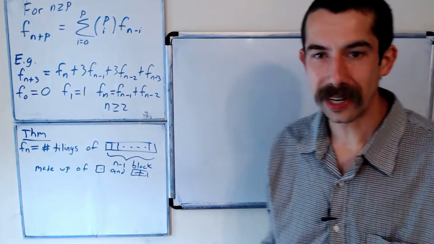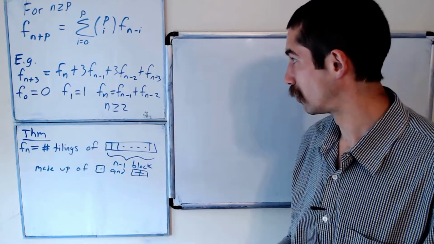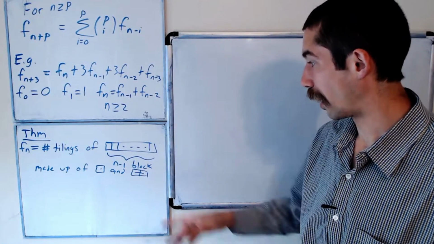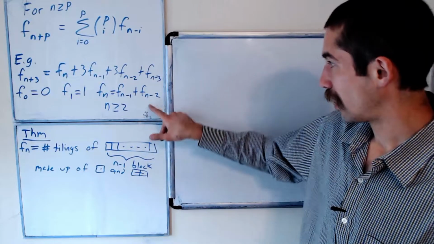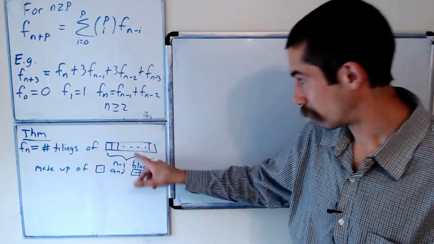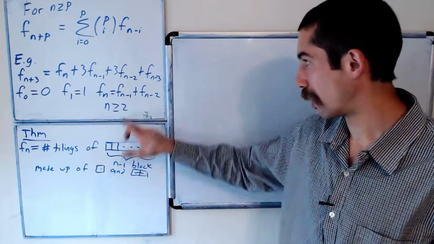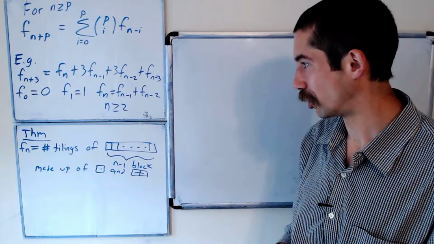This is a theorem with pictures in it. And this follows immediately from induction and the fact that if it ends with a domino, there's fn minus 2 ways to tile the beginning. If it ends with a monomino, there's fn minus 1 ways. So this is pretty easy to show.